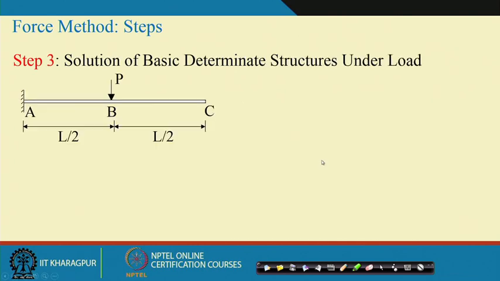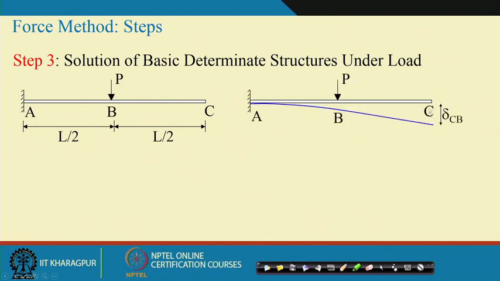First is basic determinate structure 1, a cantilever beam subjected to the external load. If we solve it, this is the deflection profile, and this is the deflection at point C, and this deflection will be something like this.